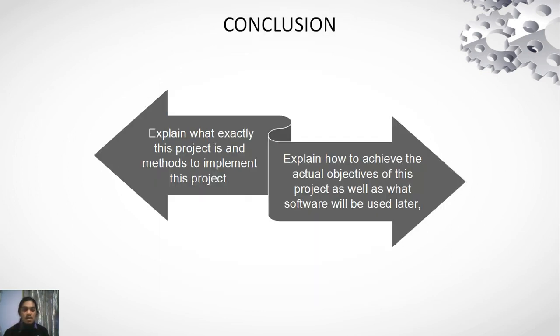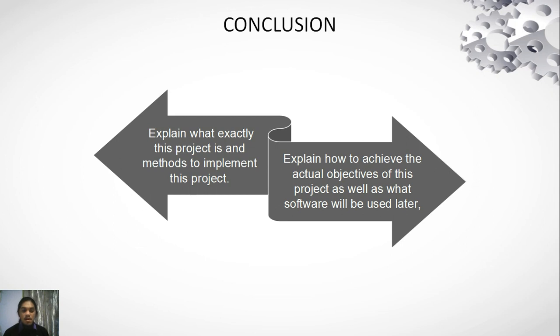Okay, in this project, as a conclusion, this project is not yet complete because it only covered chapter 1 to chapter 3. It is a proposal to explain what exactly this project is and what method to implement in this project; result and objective in this project as well are not enough to achieve.